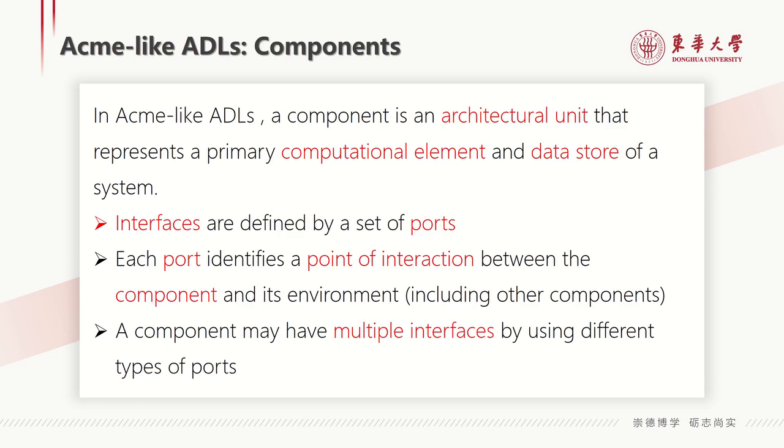In Acme-like ADLs, the interfaces are defined by a set of ports. Each port identifies a point of interaction between the component and its environment, including other components. Therefore, a component may have multiple interfaces by using different types of ports. So now we know how it works if we want to compose different Acme components, right?